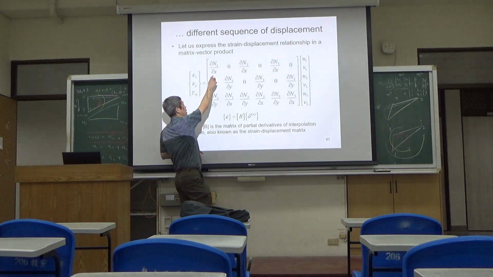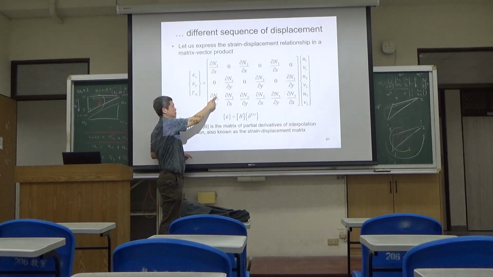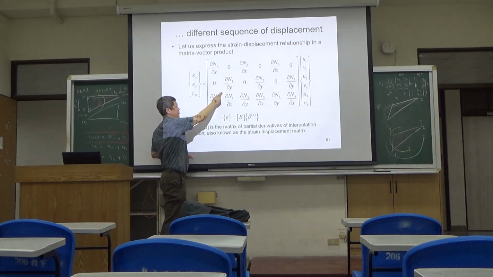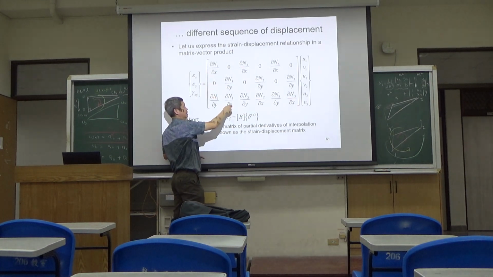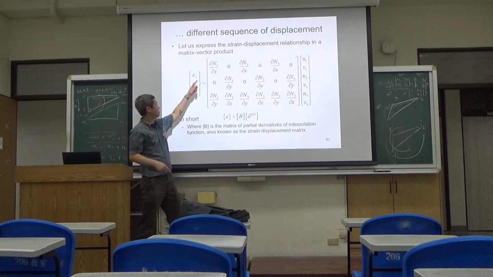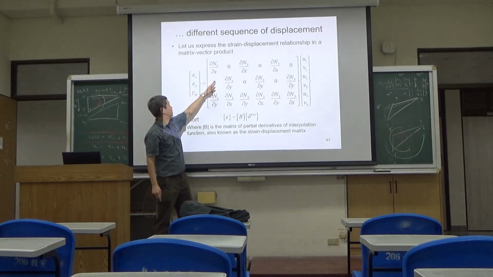Third row is you are having the shape function 1, differentiate the shape function 1 with respect to y. So this is kind of like the swapping of the order for the same node. Okay?